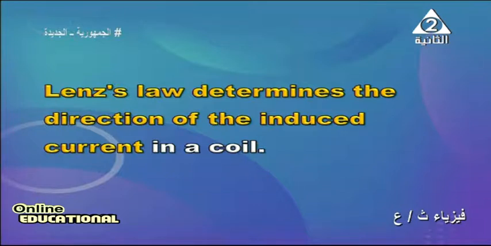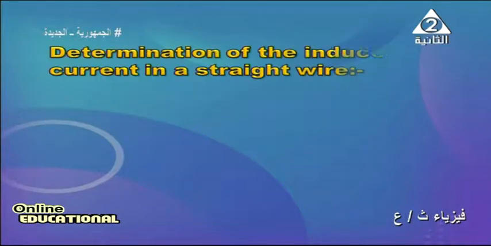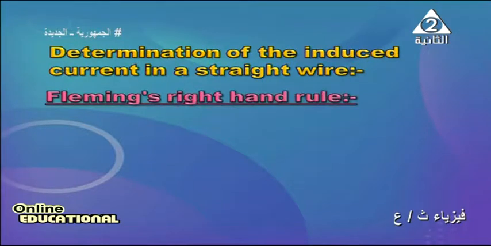Lenz's law determines the direction of the induced current in a coil. Determination of the induced current in a straight wire, a straight wire will use something else. We'll use Professor Fleming's right hand. Fleming's right hand rule. Okay, what about it?